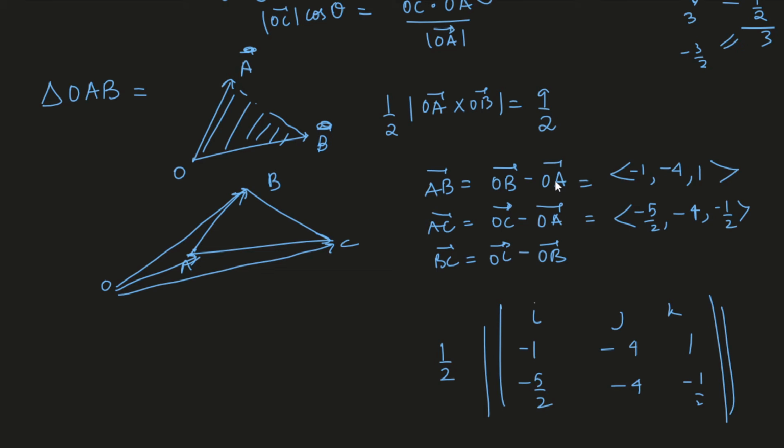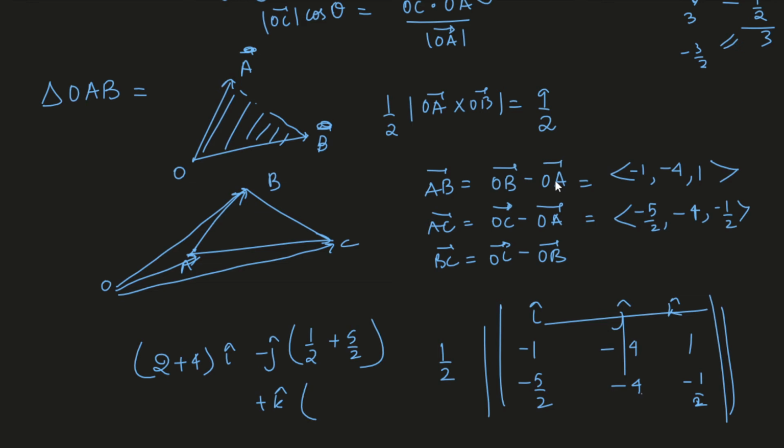So in the i component, you have -4 into -half, so that is 2, and that plus 4, so that is 6i cap. Then in the j cap, we have -j cap, we have half plus 5/2, and then in k cap, we have 4 minus 4 into 5/2.